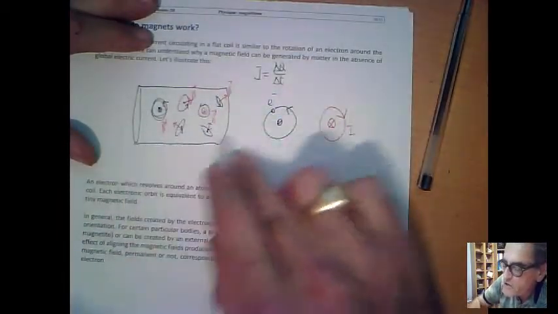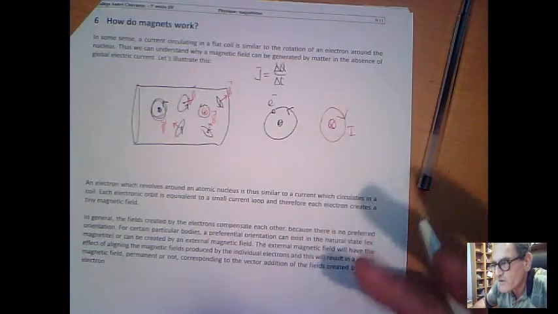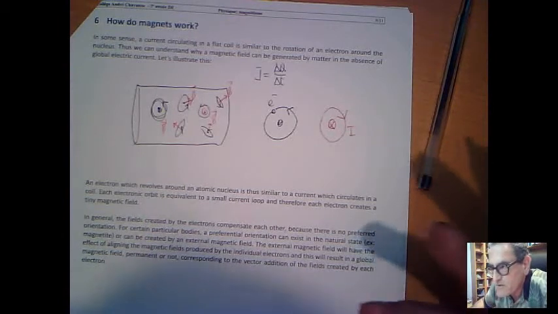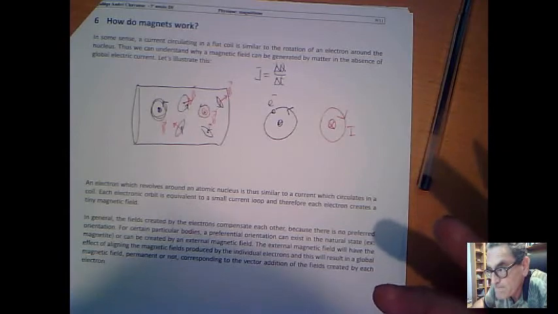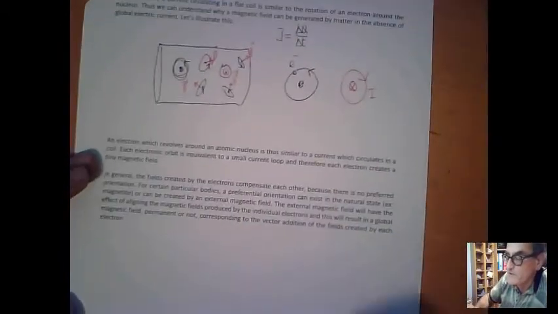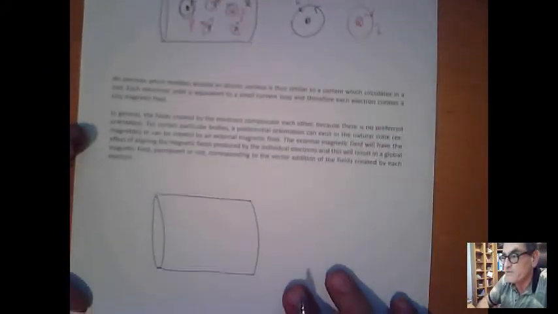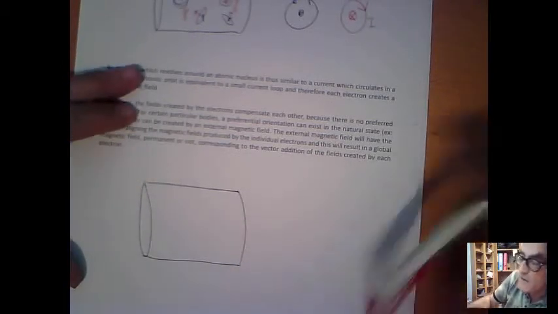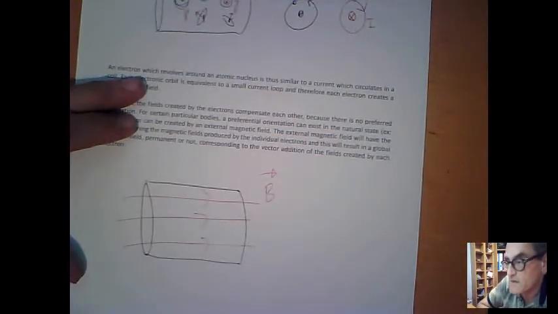But since the direction of motion of the electrons is random, all these magnetic fields add up, and finally, the net magnetic field inside matter is zero, okay? Now, what happens if you put an external magnetic field on a piece of matter like that? You take your piece of matter, you put a magnet next to it, and let's say you have an external magnetic field inside the matter.